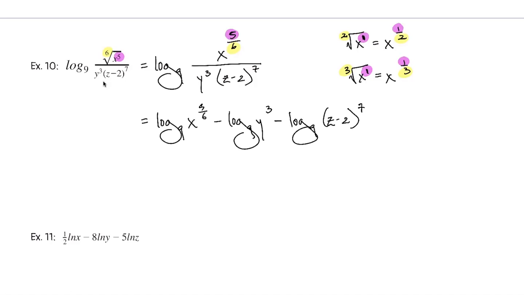So I just did that thing I was talking about in the last problem where I skipped that step with the pink parentheses. I just knew that the y cubed was on the bottom, and I knew that the z minus 2 was on the bottom, so I just subtracted them both.